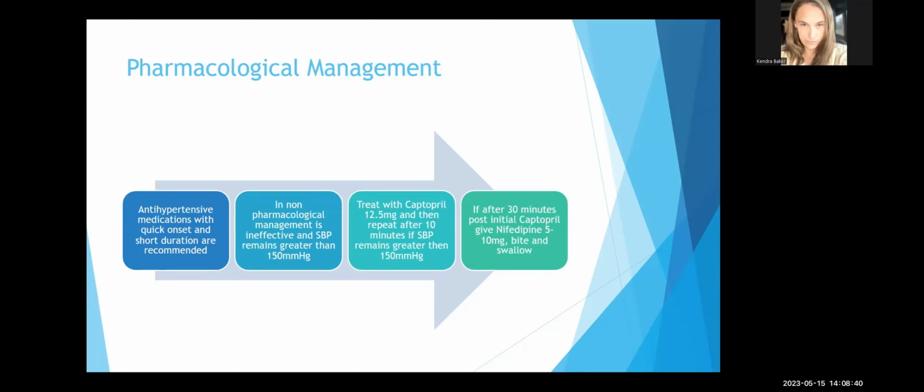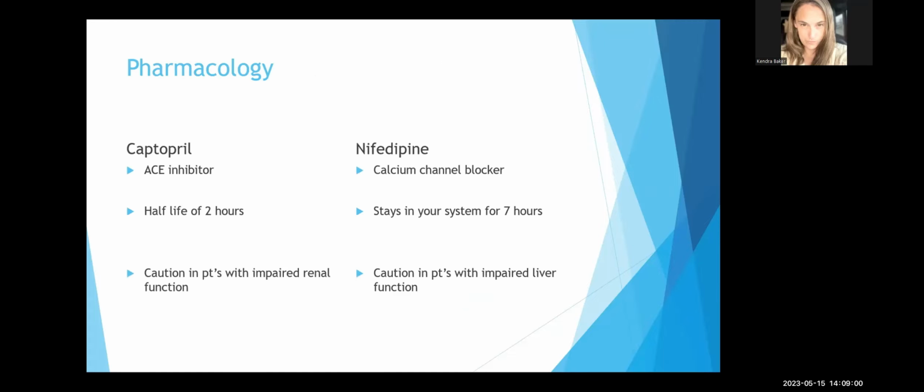If after 30 minutes from that first initial captopril dose, their blood pressure is still high, the plan would be to give nifedipine, just 5 to 10 milligrams, and you're going to have them bite and swallow that tablet. Oh, one more slide. There we go.